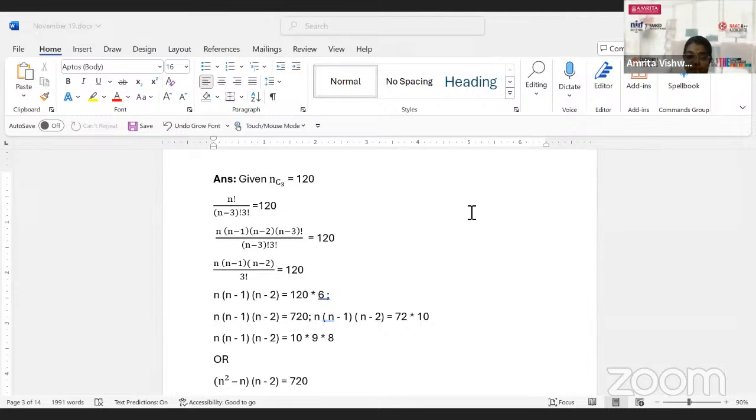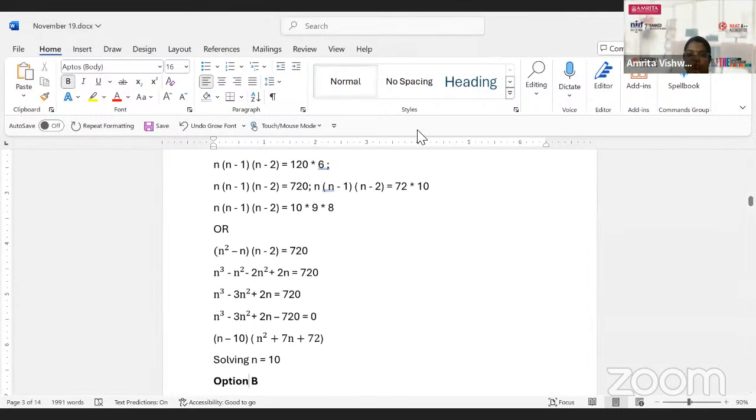Now, moving to the second part, just look at this. You can form an equation, something like n into (n minus 1). You can write this as (n square minus n) into (n minus 2). So this becomes n cube minus n square minus 2n square plus 2n. So this becomes n cube minus 3n square plus 2n equal to 720.